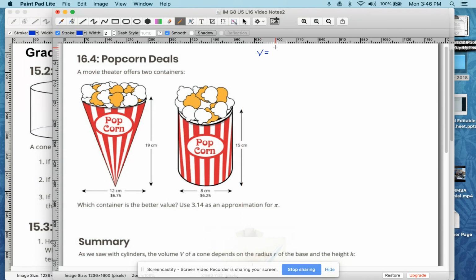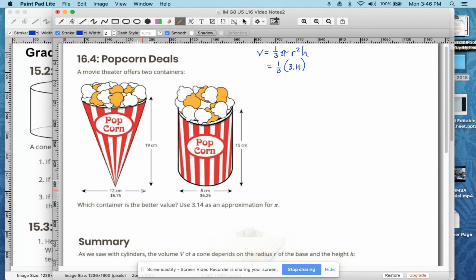The volume is 1/3 times pi times the radius squared times the height. And they tell us to use 3.14 as an approximation for pi. So I've got 1/3 times 3.14 times my radius. Did they give us the radius?